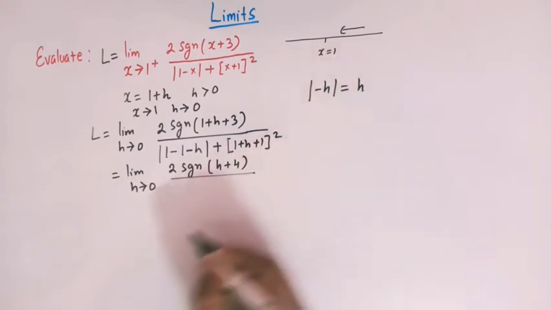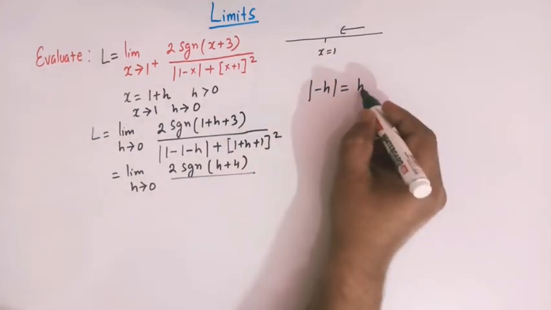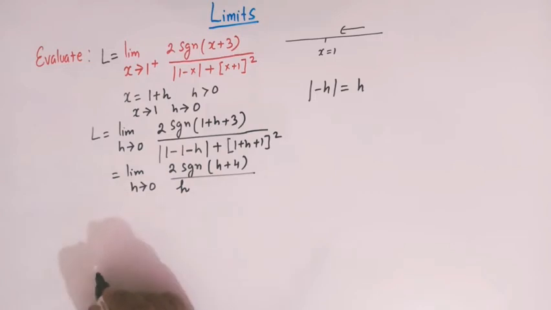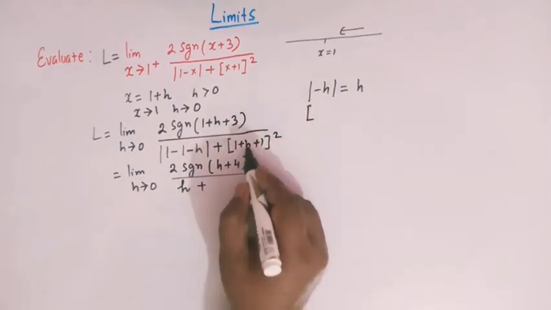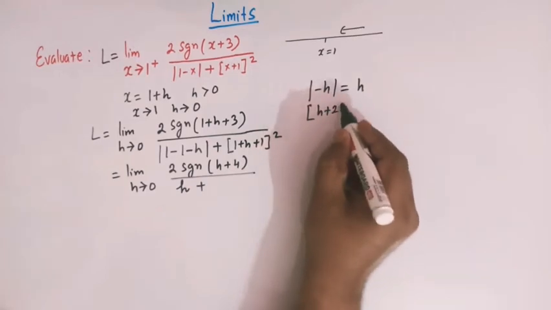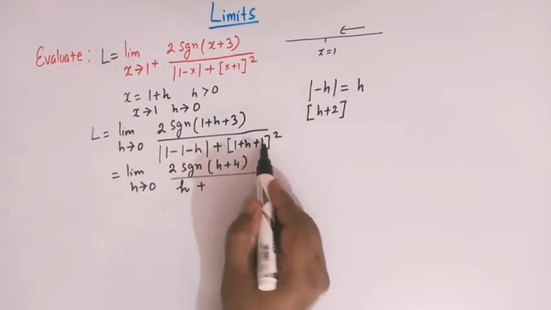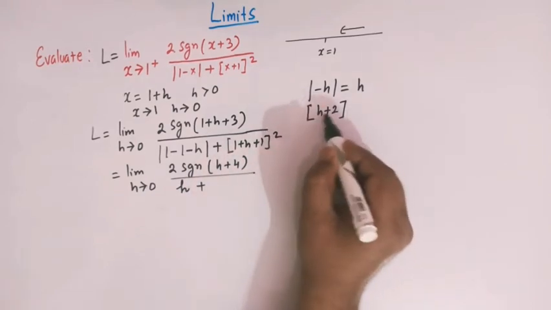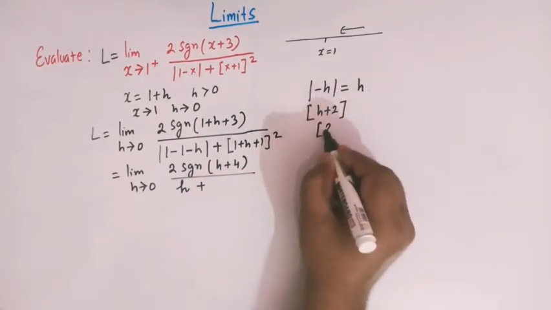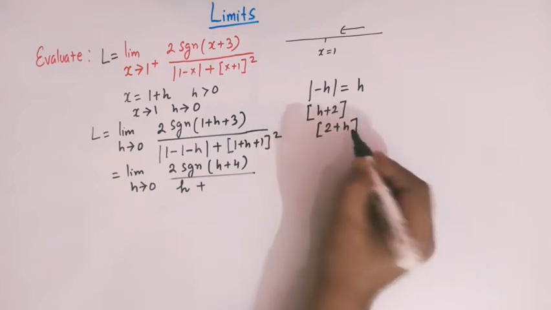This can be written as positive h, right? So here we have h, and here this is greatest integer of h plus 2, right? See, 1 plus 1 is 2, so we have greatest integer of h plus 2, or we can also write it as greatest integer of 2 plus h.